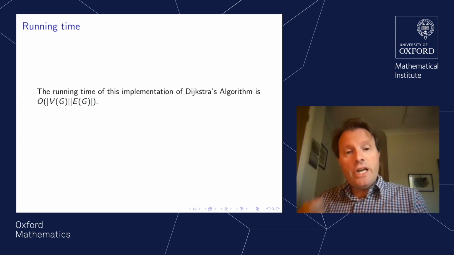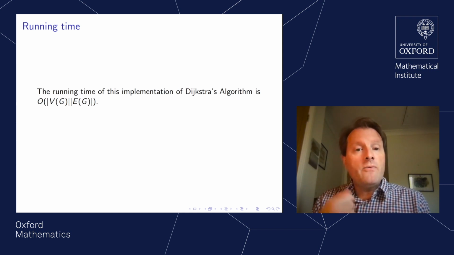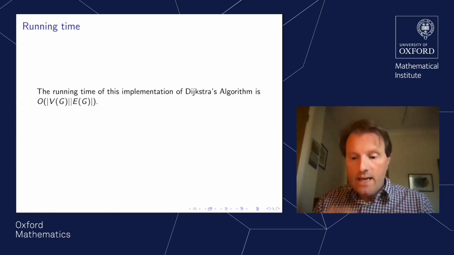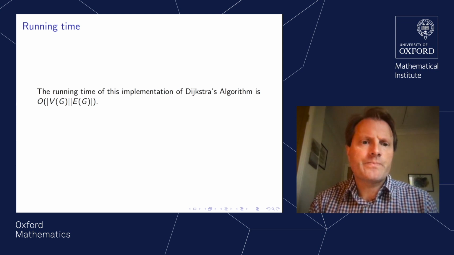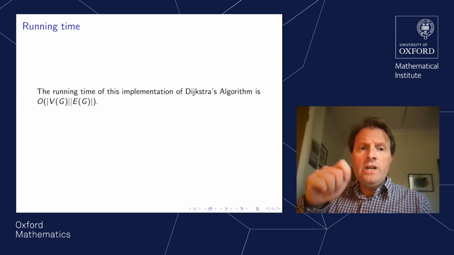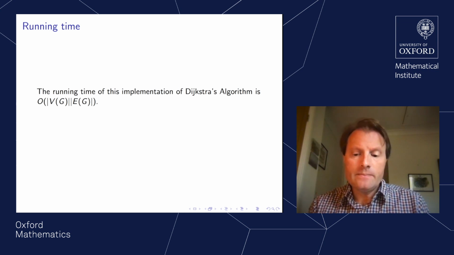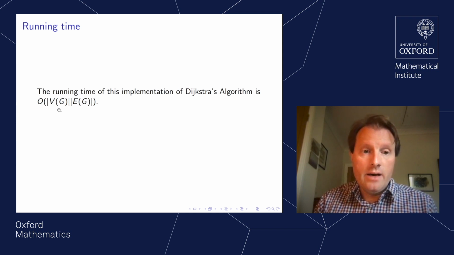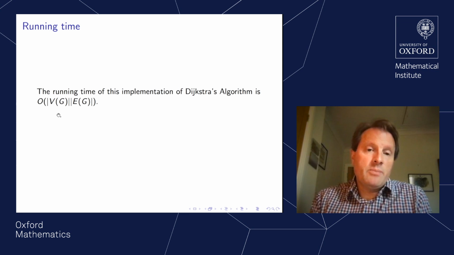Well, at each stage, what we're doing is we are finalizing the D value of a vertex. So we're running through each of the vertices one by one. So the number of steps we do that is the number of vertices.